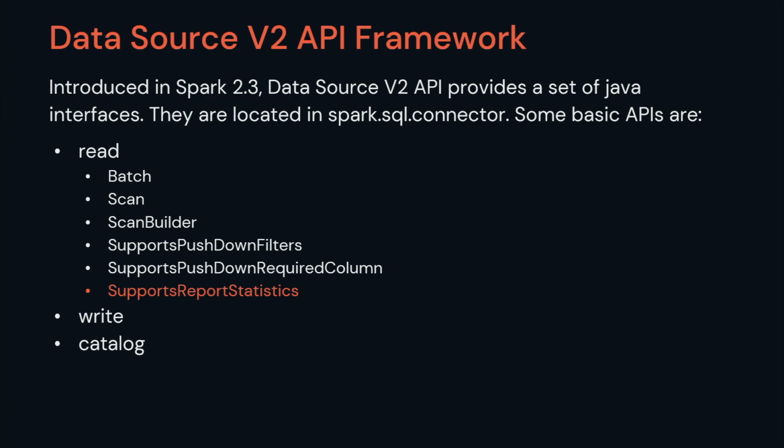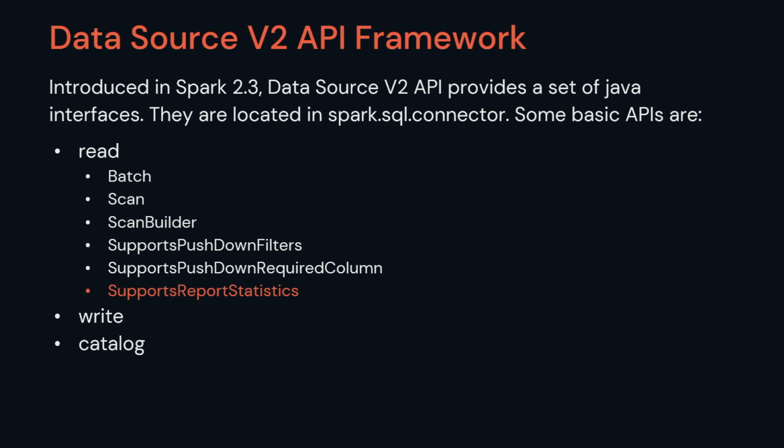For example, it has a supports pushdown filter API, and it also has a pushdown required column API. Remember the golden rule of optimization Parse was talking about earlier.